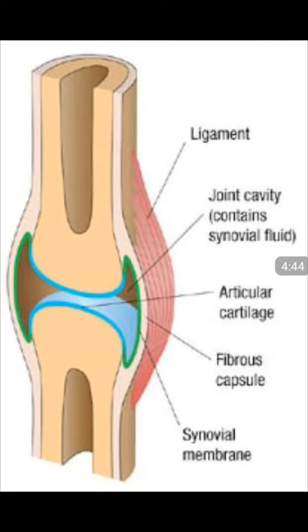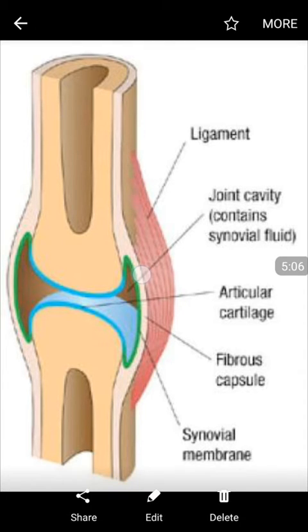So again, you can see the typical features are: the capsule, which has an outer fibrous layer and the green inner synovial layer; then articular cartilages covering the articular surfaces; then synovial fluid within this synovial cavity, the joint cavity. The outer fibrous layer gets attached beyond the articular margin, whereas the green one gets attached to the articular margin.